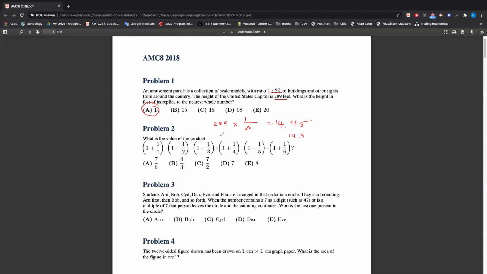Okay, problem 2. So we have this product, and we want to find its value. I'm sure you've all learned about FOIL.